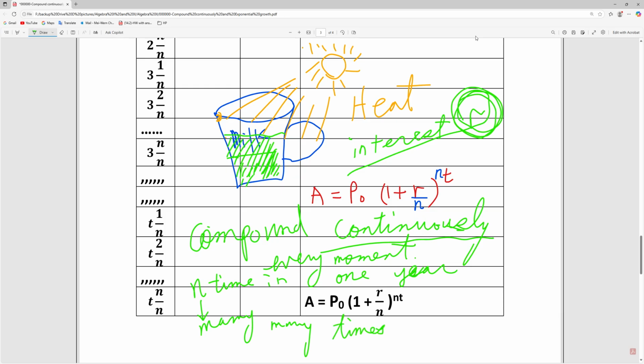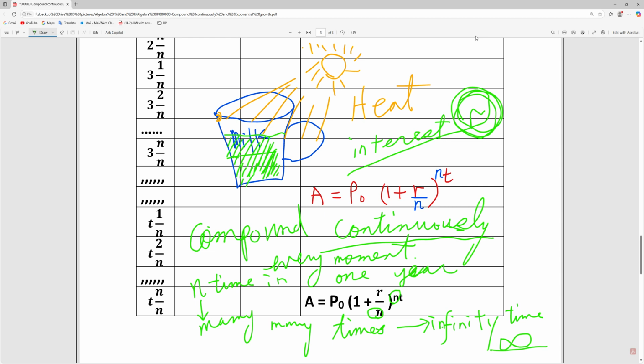And many times, how many? We go to infinity. Infinity times. Infinity means out of count. You cannot count, so we have a symbol, the infinity symbol. So when this n is not a number, that's the problem.